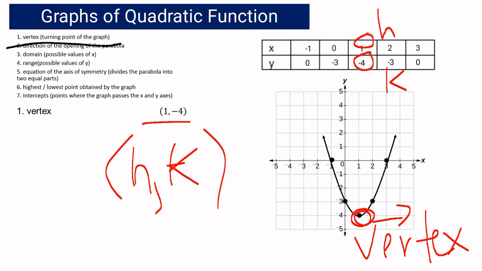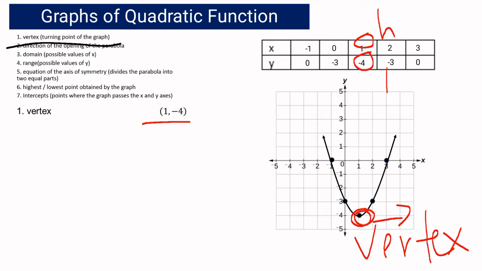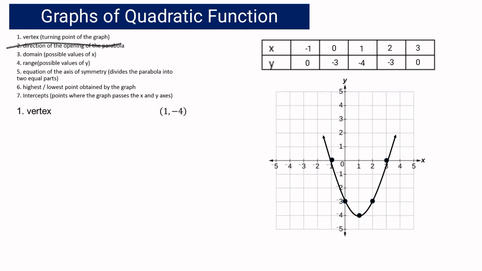Did you get it? Let us continue with the characteristics. The next one will be the direction of the opening of the parabola. And obviously, the direction here is, yes, the parabola opens upward.